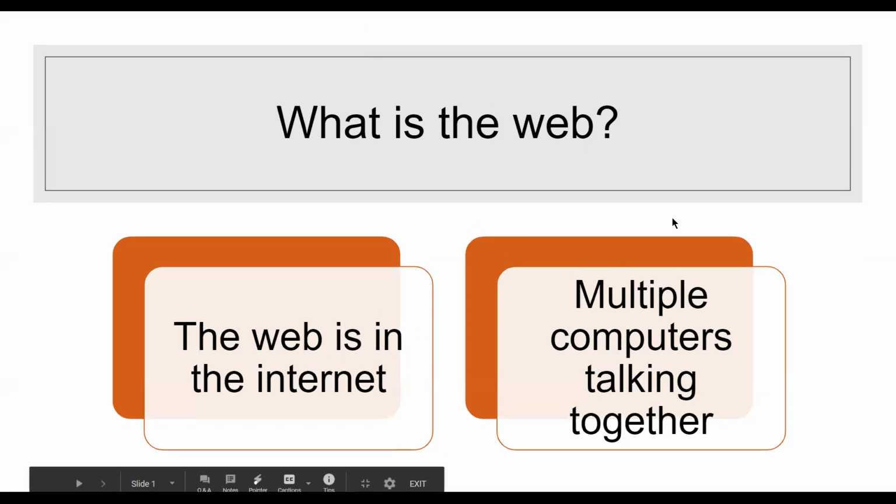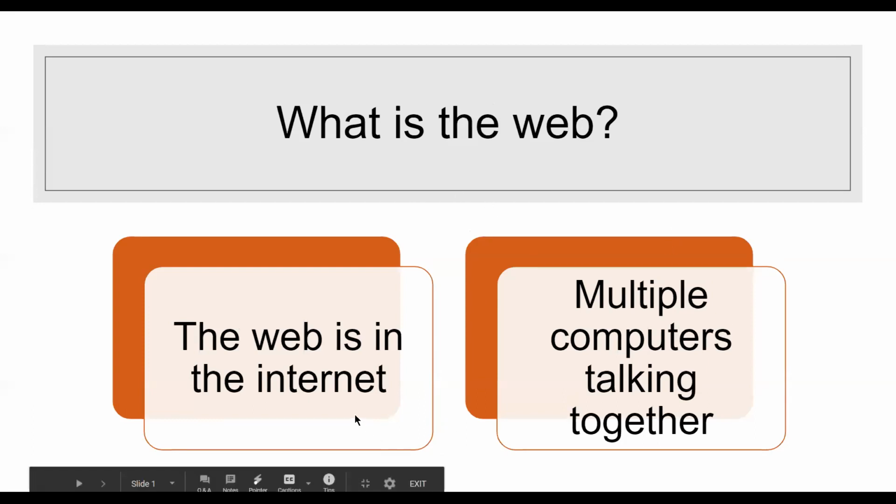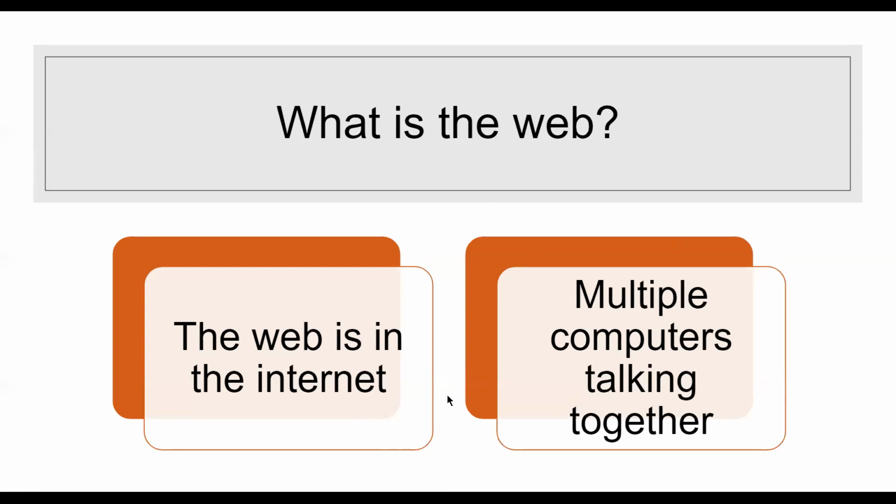Okay, so everyone can just go ahead and private message me on what they think the web is. So web is just the internet and it's multiple computers talking to each other. And we're just going to talk about the different types of computers and how they talk to each other.